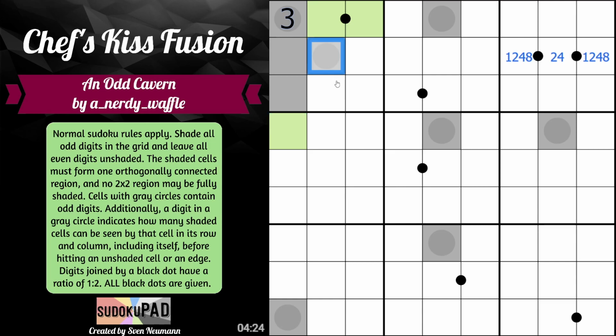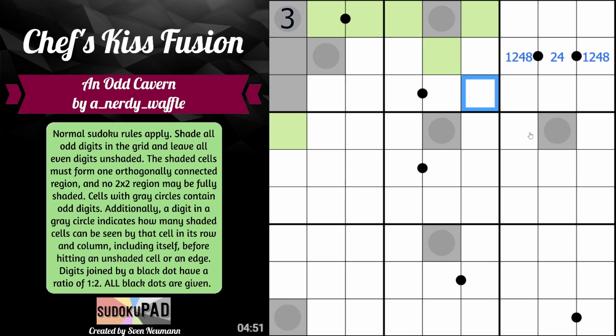And because this is at least, okay, so here's something. It can't be 1, right? Because then it would just see itself. Actually, now that I'm thinking about it, none of these circle digits can ever be 1. Because if they were 1, they would only see themselves, but then you wouldn't be able to orthogonally connect all of them, right? This gray can never meet up with any of its shaded neighbors.